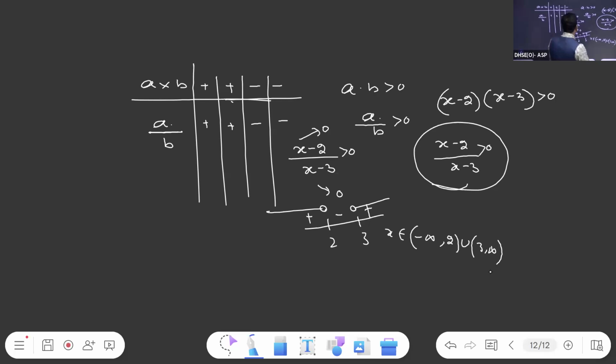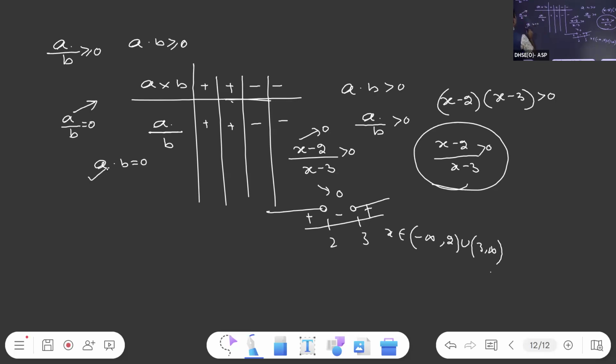But there is a difference. What is the difference? Suppose a by b greater equal to 0 and a into b greater equal to 0. If a by b is equal to 0, this is possible only when the numerator is equal to 0. If a into b is equal to 0, this is possible either when a is equal to 0 or b is equal to 0.